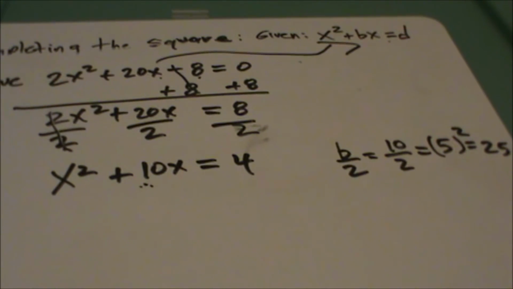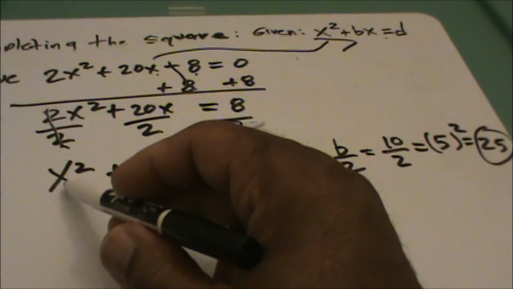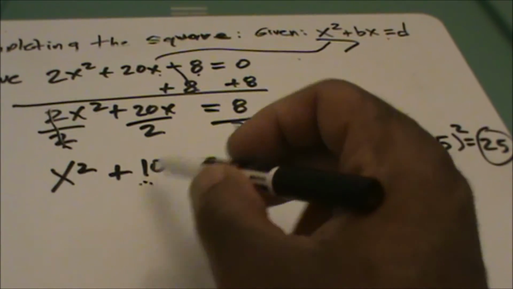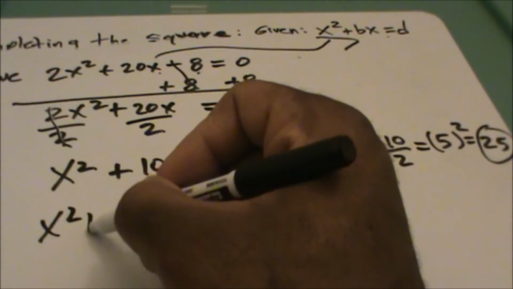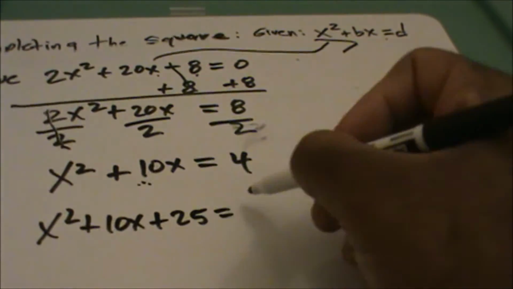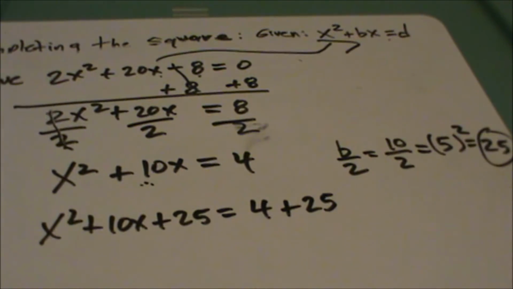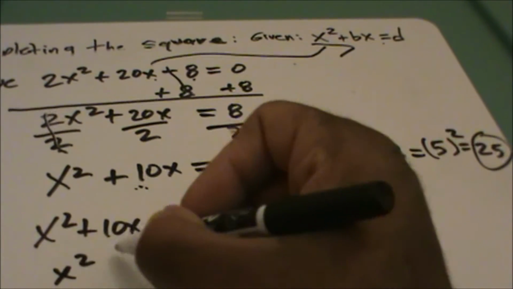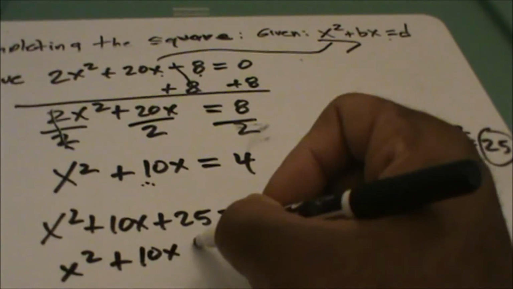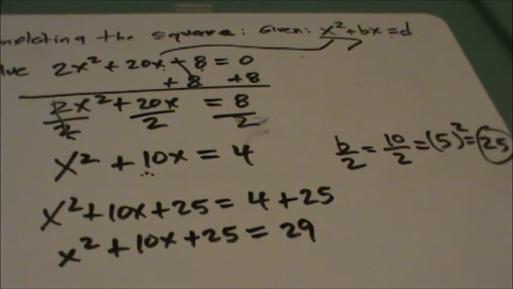Now, once we have this, we add 25 on both sides. x squared plus 10x plus 25 equals 4, and we add 25 on this side. So we have x squared plus 10x plus 25 equals 29.